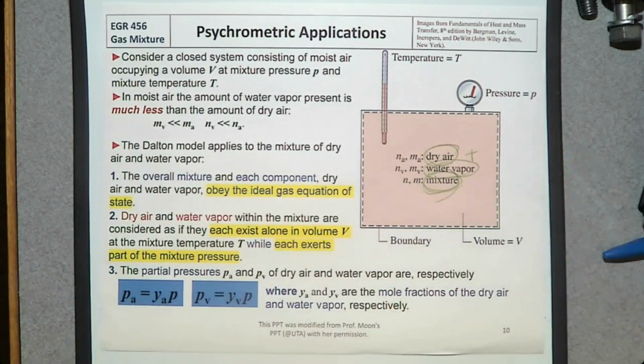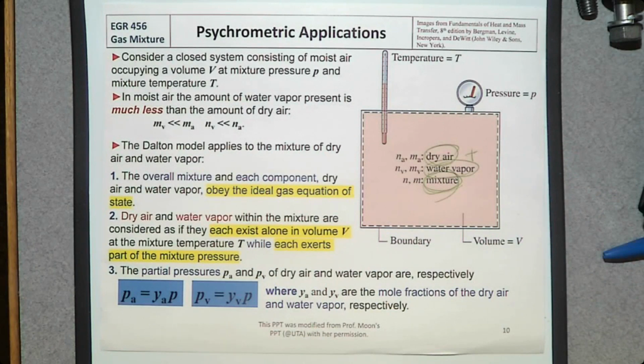This mixture is what we are going to study using the same energy balance equation from thermodynamics 1. Okay, that means that we need to learn how to evaluate a property of this moist air.